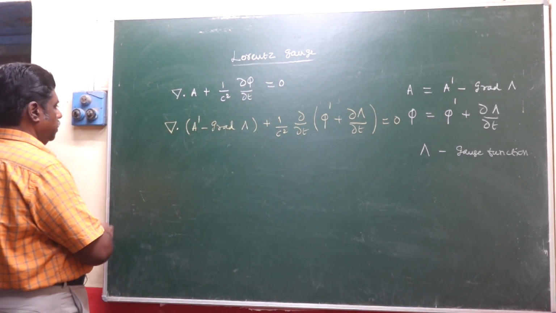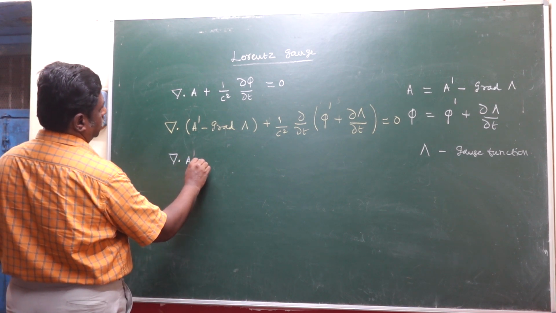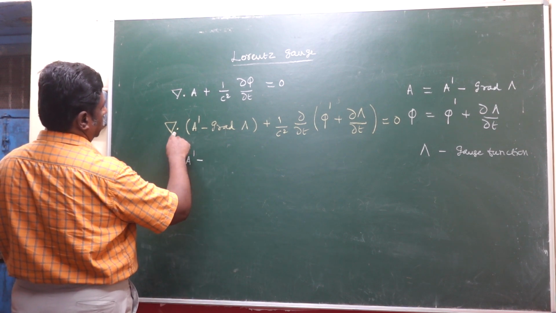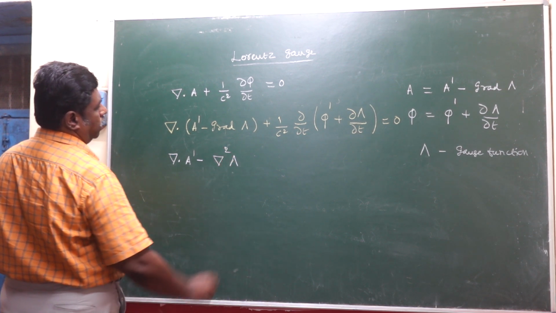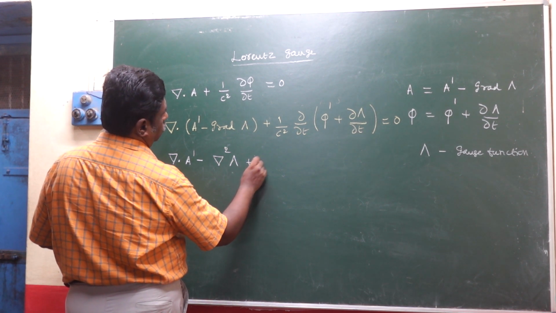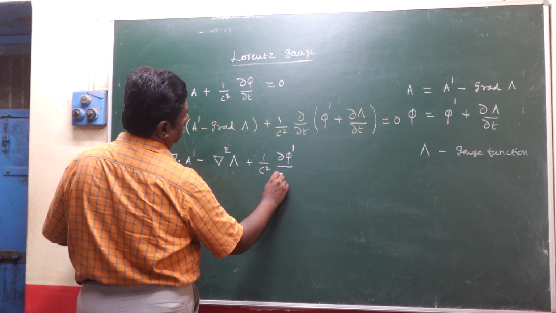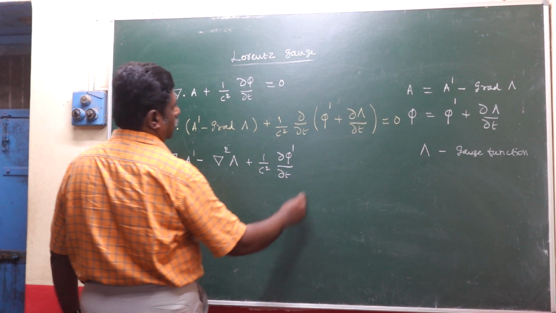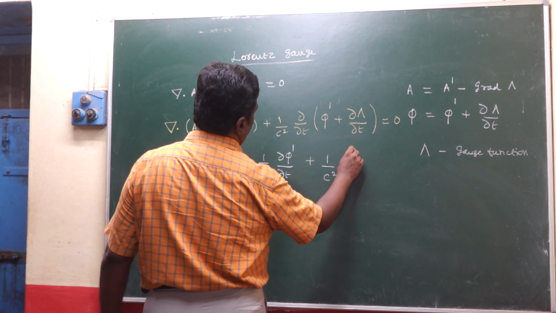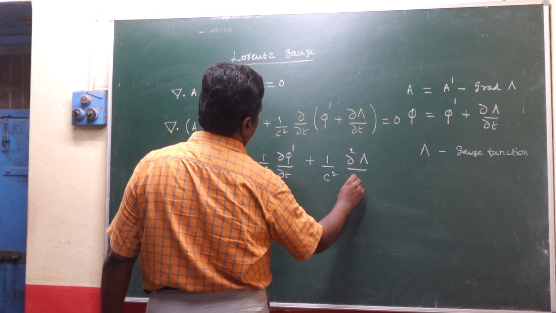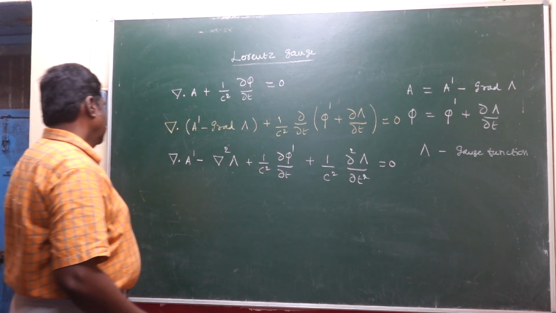This is our del dot A dash minus del square lambda plus 1 by c square dou phi dash by dou t plus 1 by c square dou square lambda by dou t square equal to 0.